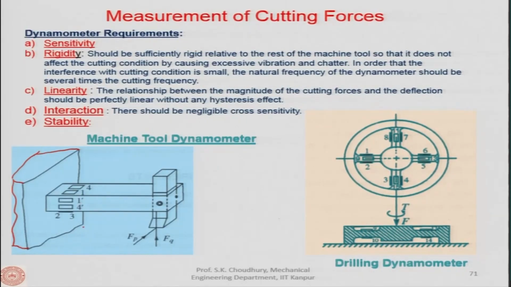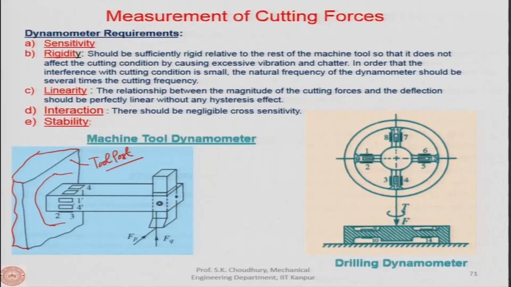Let us say here it is the tool post, and on this we have the dynamometer, so a part of it will be the dynamometer. At the end of the cantilever beam, we have the tool fixed.